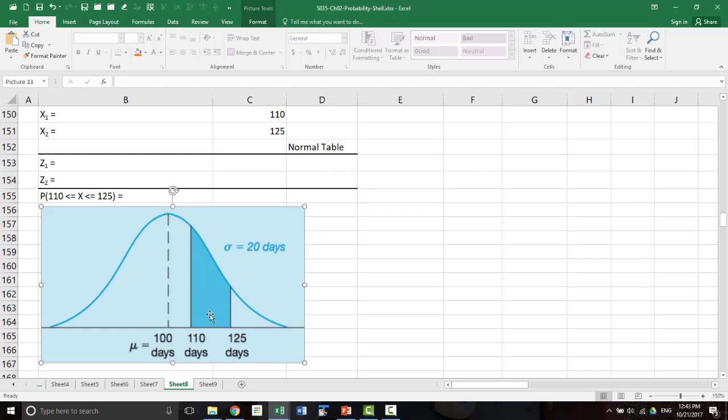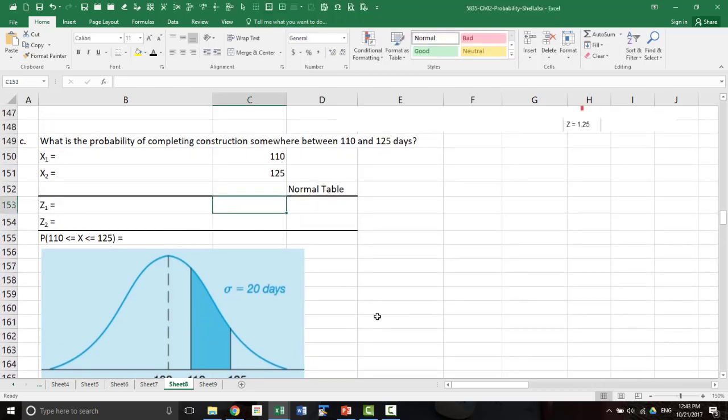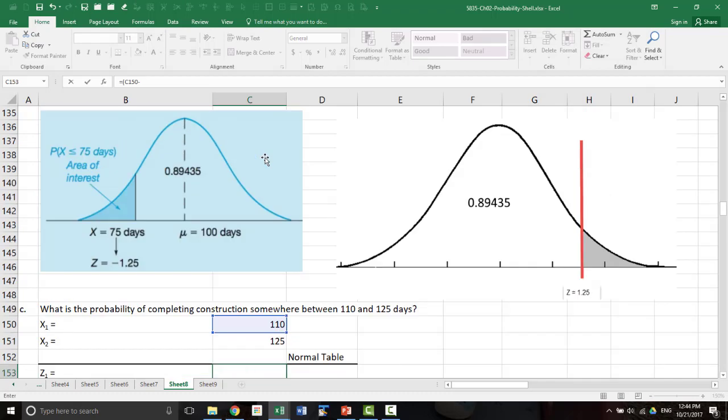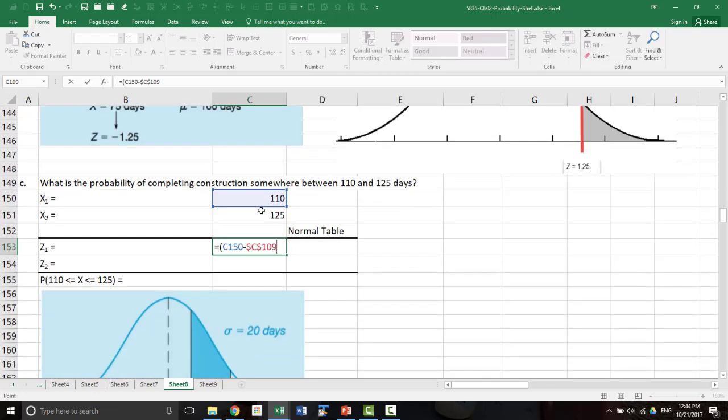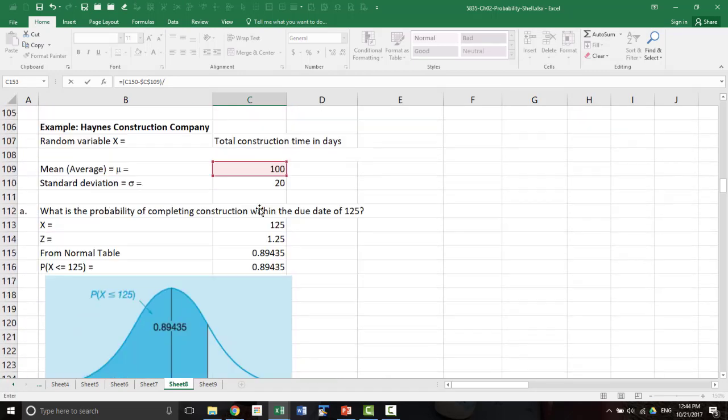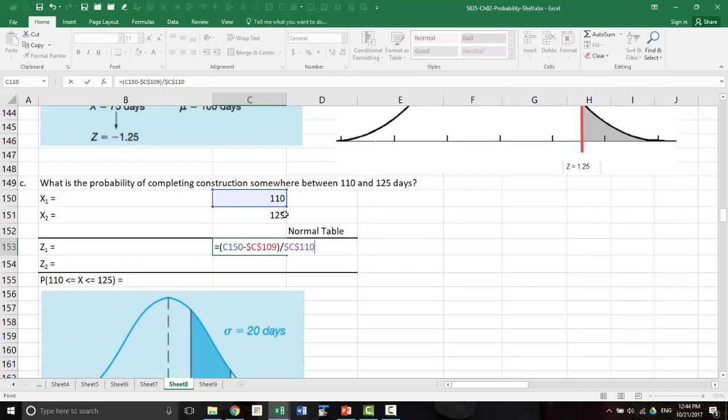So of course, first what we have to do is to find the corresponding standard normal value for each of these two x values. So you have x sub 1 minus the mean, absolute reference that with F4, divided by the standard deviation, again absolute reference that. Now copy that.